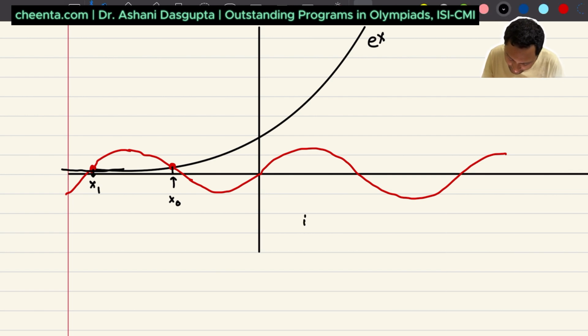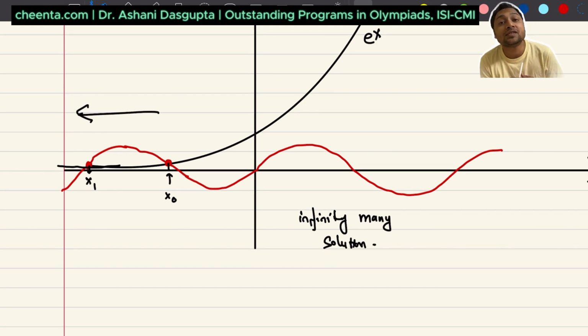There are infinitely many solutions. As you go to the left, more and more intersections will happen, and that would produce more and more solutions. Okay? All right. So whenever you have a nonlinear function like this, non-polynomial equation like this, you can use this strategy.